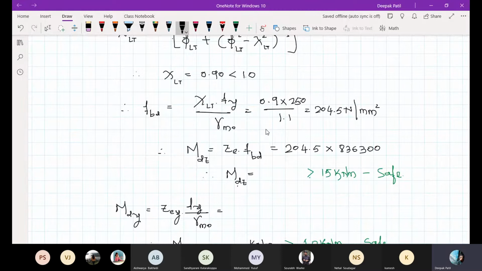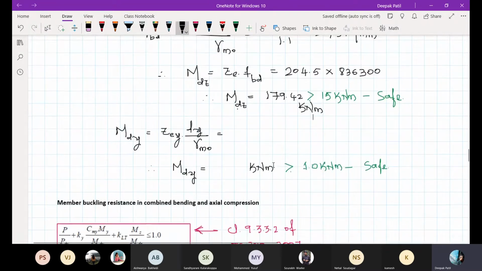From this, you can get the value of MDZ as 179.42 kilonewton meter, which is more than the maximum bending moment either along major axis or along minor axis, that is 15 kilonewton meter. Hence, it is safe.